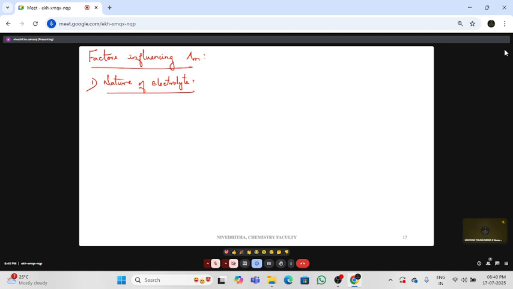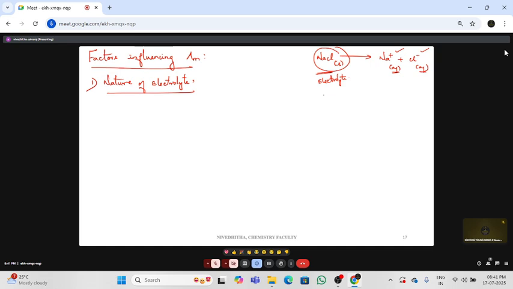The classic example is sodium chloride, which is in solid state. If you dissolve sodium chloride in water, it will be Na plus and Cl minus. All the ions will be in the aqueous medium. So it is the compound which gets dissociated into cations and anions inside this aqueous medium, and it is called an electrolyte.